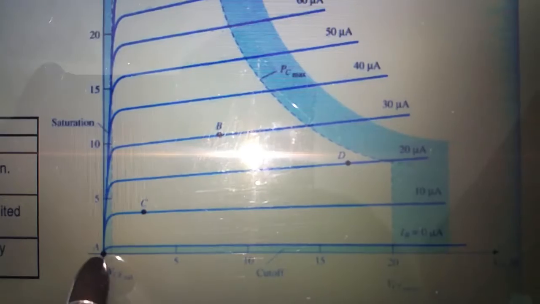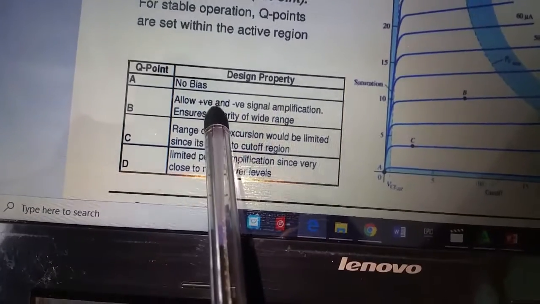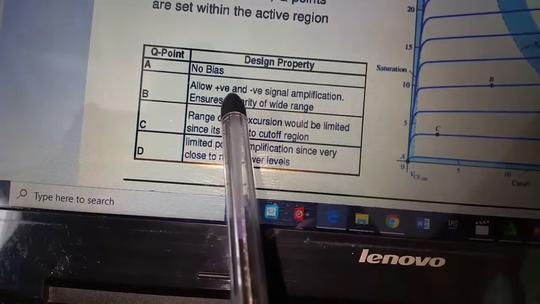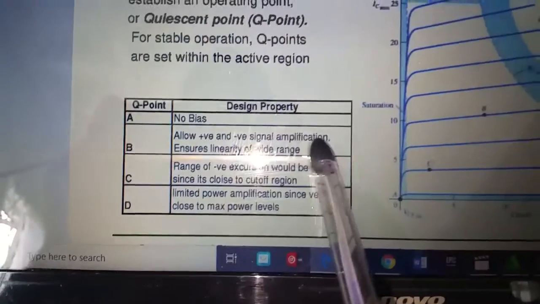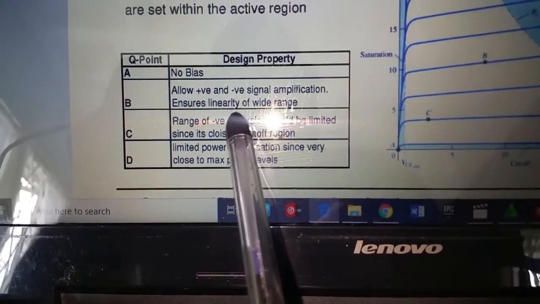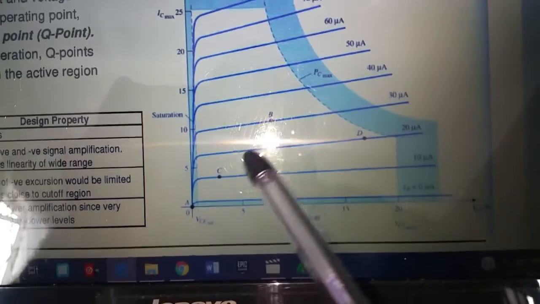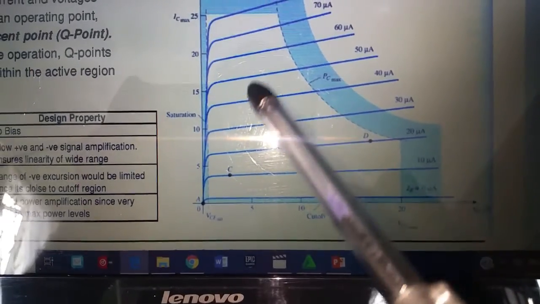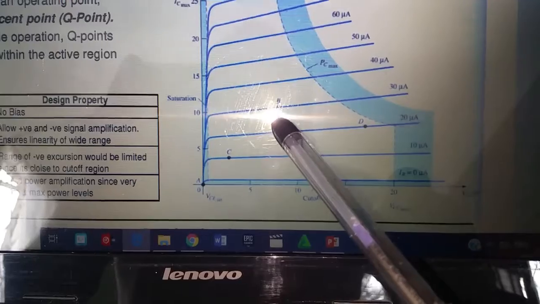As you can see at point A, no voltage there, so there's no bias. But at point B, which is the second one, it allows a positive voltage and a negative voltage signal amplification, and it ensures linearity over a wide range. So therefore, it's in the center, so it's clear you can amplify both negative and positive voltages, and it comes through clear without any distortion.